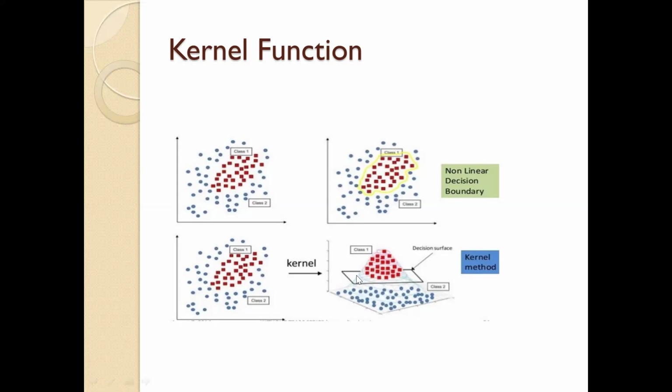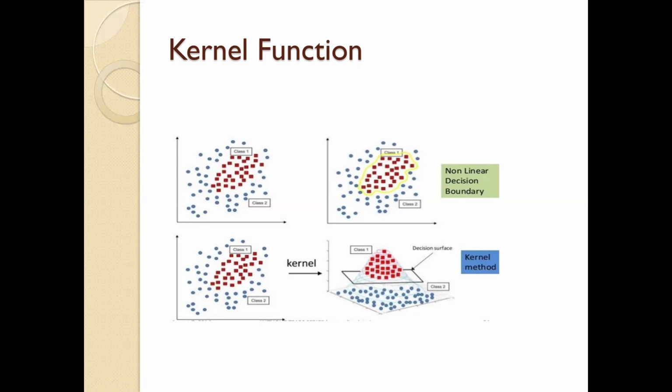So look at these diagrams. Here we are finding some high dimensional space where the data points belonging to a particular class are accumulated on one side and they are clearly separable from the data points of another class. So the kernel functions are used to collect the data points belonging to a particular class at one point or one area.